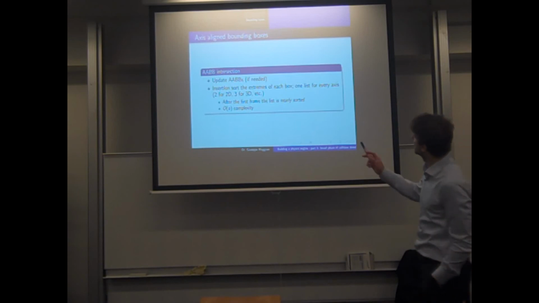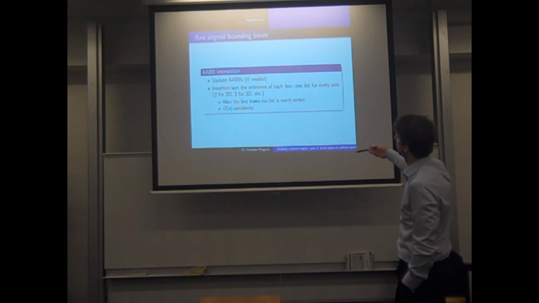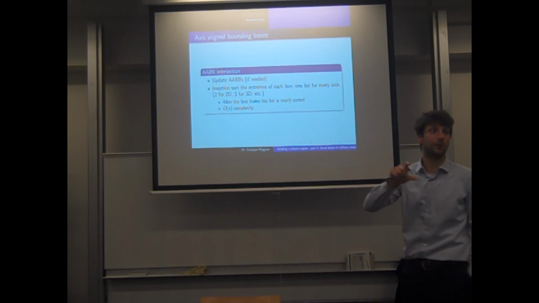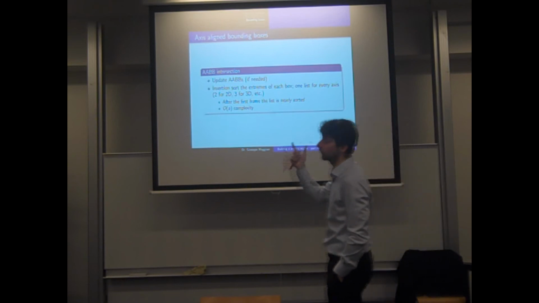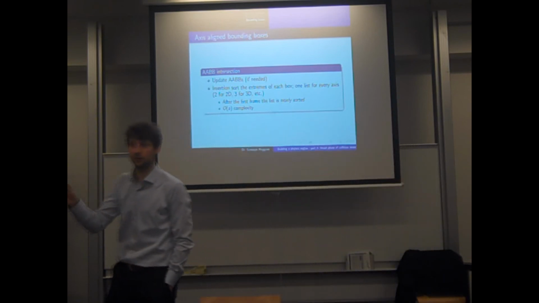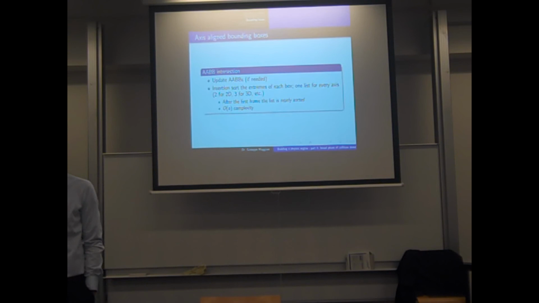The idea is that, first of all, you update the axis line bounding boxes if needed, because remember that you can find the extent of an object along a separating direction with your SAT system, and you can use the 3 extents to compute the bounding box in a more precise manner, if you have a fast way of doing so.